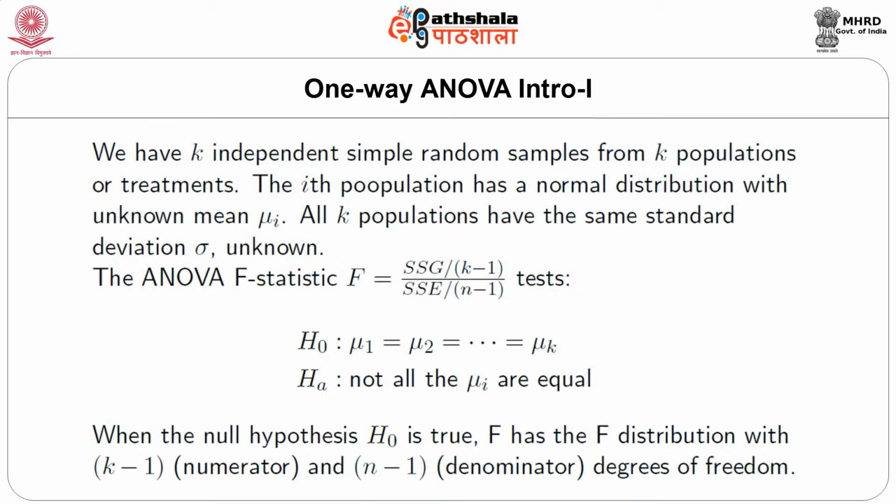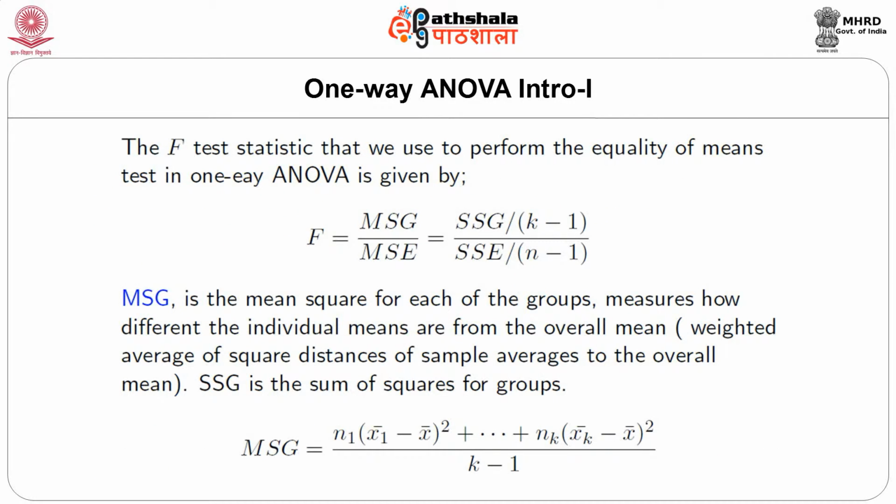When the null hypothesis H naught is true, F has the F distribution with k minus 1 numerator and n minus k denominator degrees of freedom. The F test statistic that we use to perform the equality of means test in one-way ANOVA is given by F equal to MSG by MSE, that is SSG by k minus 1 over SSE by n minus k.